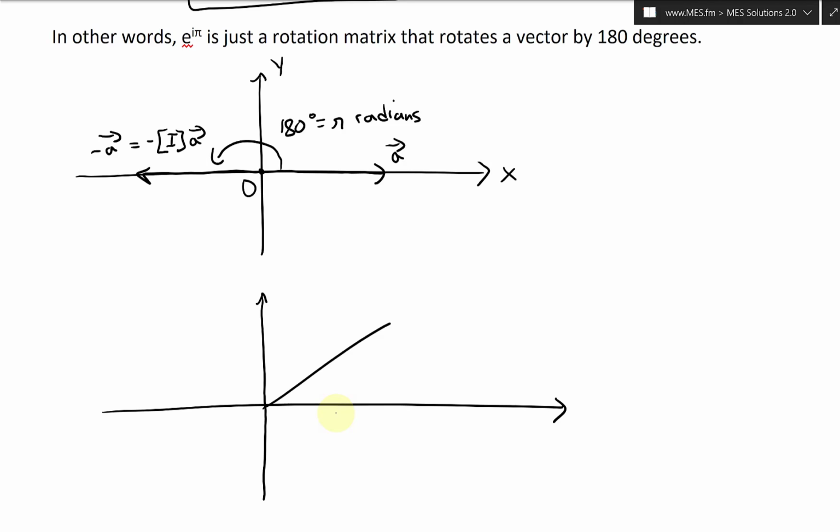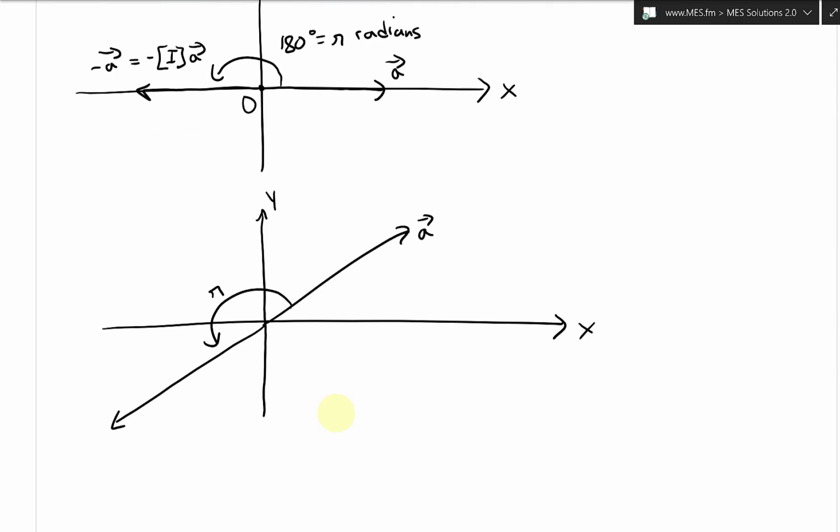All right, so let's say we have a vector like that, x, y, and we're going to rotate this. In other words, we're just going backwards, hence that negative 1. It just means you're going backwards on this vector by pi, or 180 degrees.